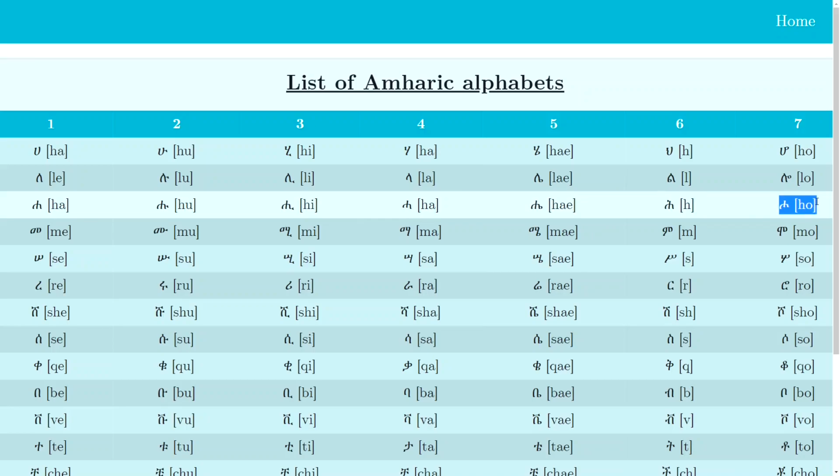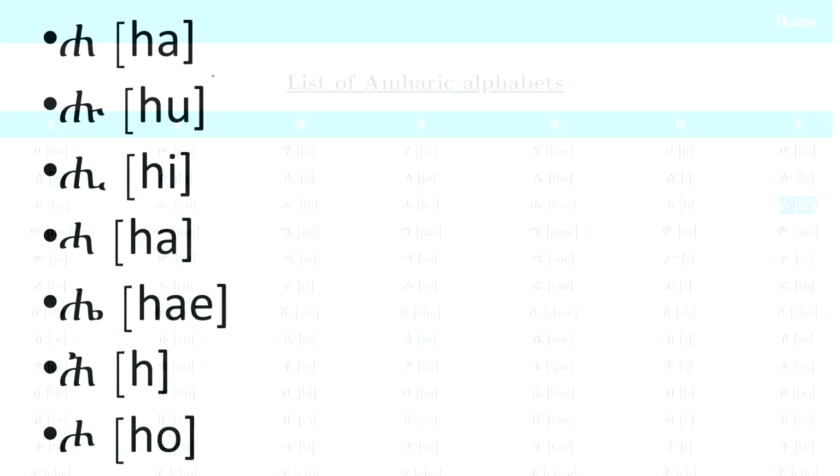Now that we have finished looking at how to pronounce them, we will move on and see how to write them and give examples. The way we write the first one is like this.